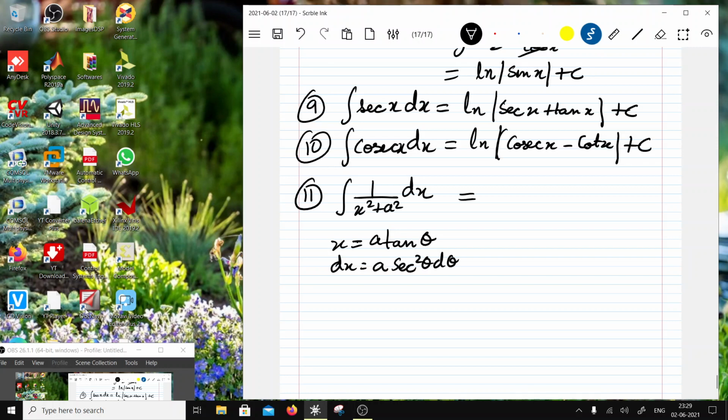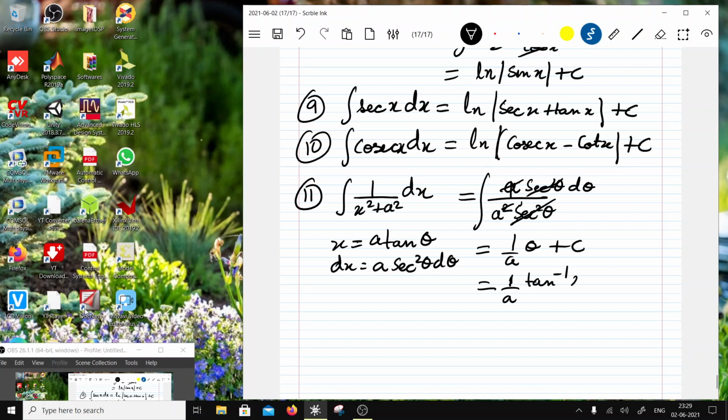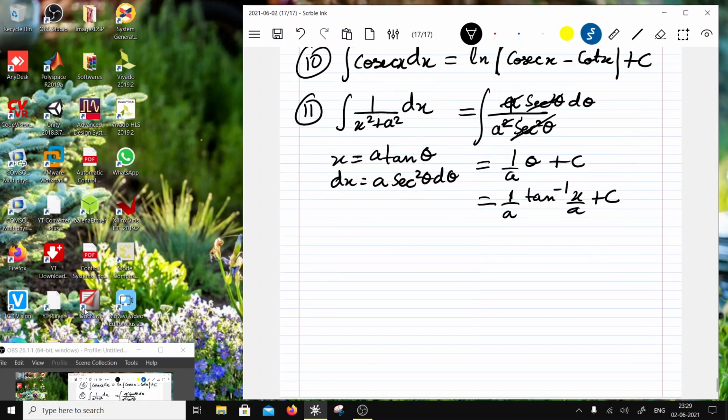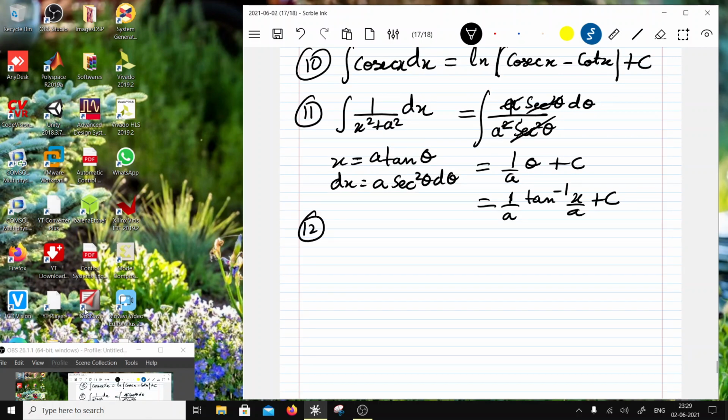So this can be written as 1 over a square, 1 plus tan square theta, which is equal to sec square theta. And then I have dx replaced as a sec square theta d theta. So that cancels out. So integral 1 over a d theta is theta by a plus c. So 1 over a tan inverse of x by a plus c. Okay, so that is 11.